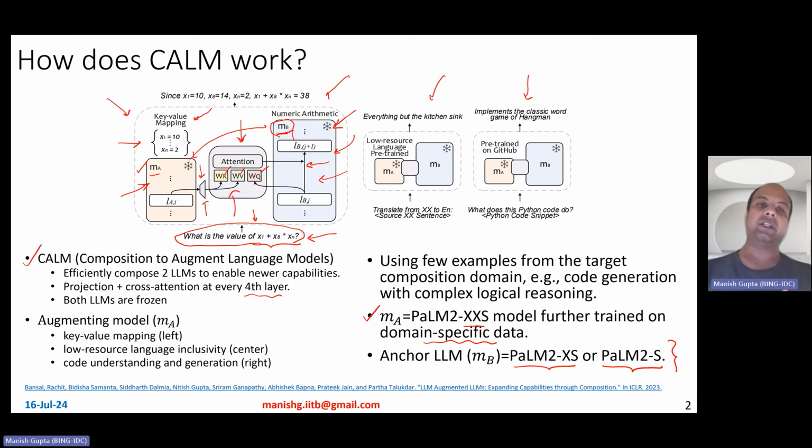From a weight perspective, the CALM framework keeps MA and MB frozen. So from a new learnable weight perspective, there is just the projection matrix, and also the cross-attention weights that need to be learned. In short, CALM involves efficient composition of two large language models to enable newer capabilities, compositional or combination skill kind of capability.